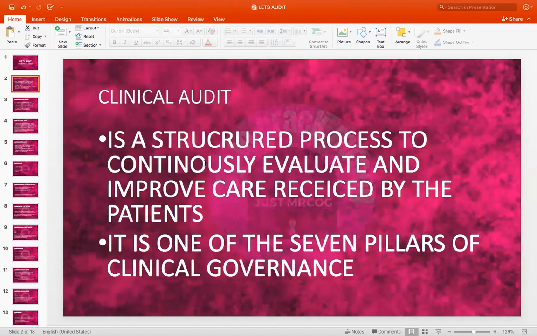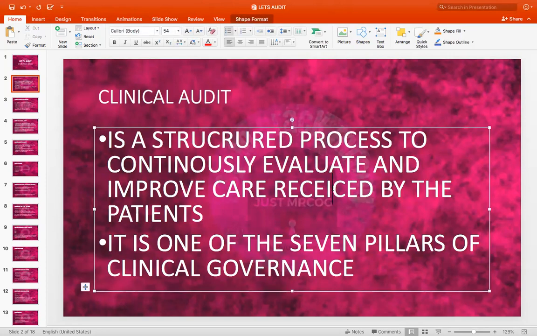So first we'll talk about the clinical audit definition, and the definition is divided into 3 parts. That is, first, structured process. Second, continuously evaluate and improve the care received by the patients. It is one of the 7 pillars of the clinical governance.